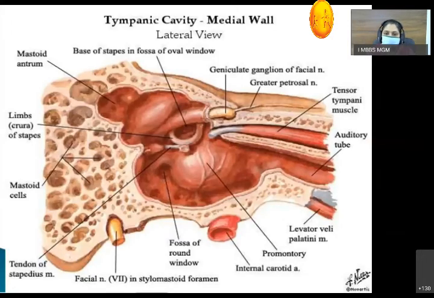So the two openings you can see here: one is the posterior-superior part of the medial wall and one is the posterior-inferior part of the medial wall. This is the oval window and this will be the round window.